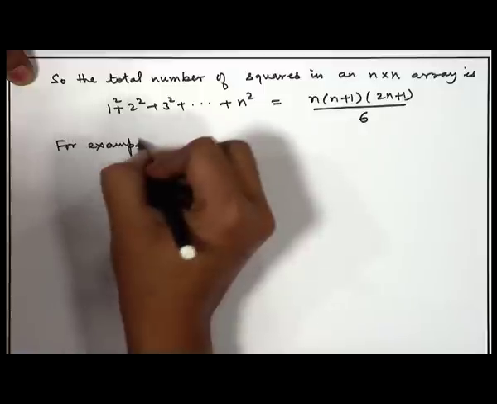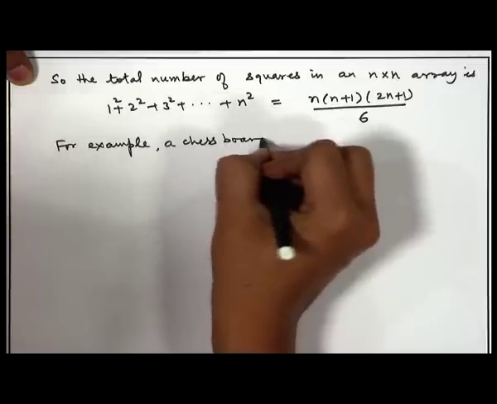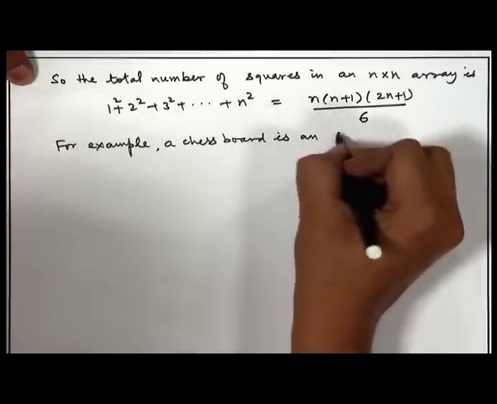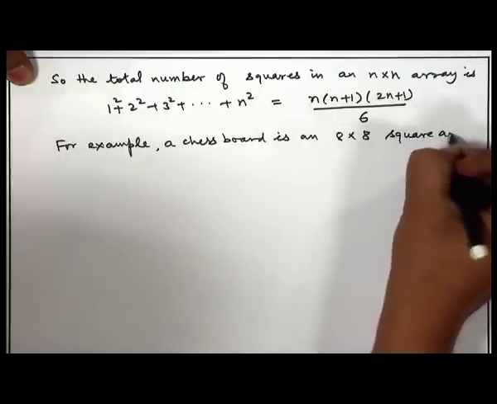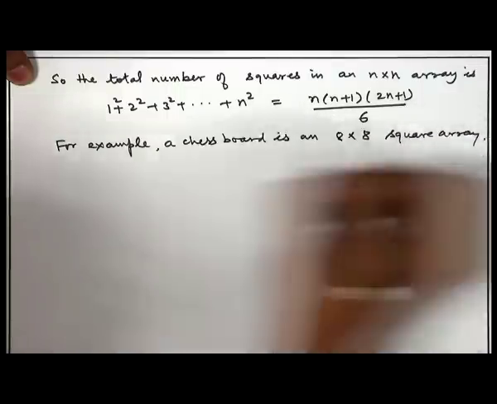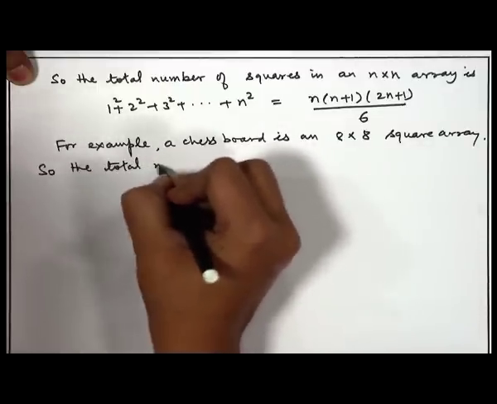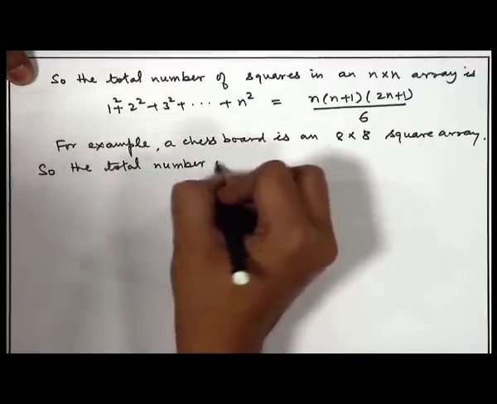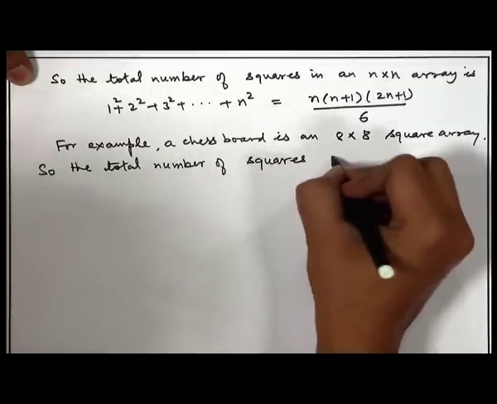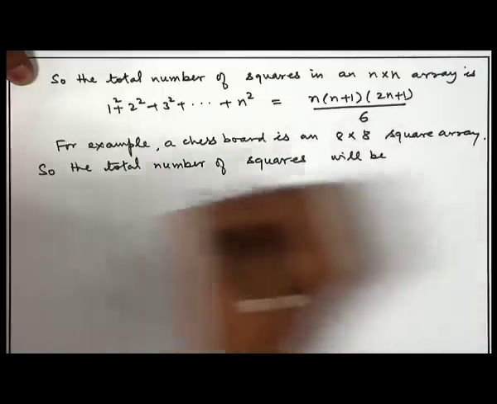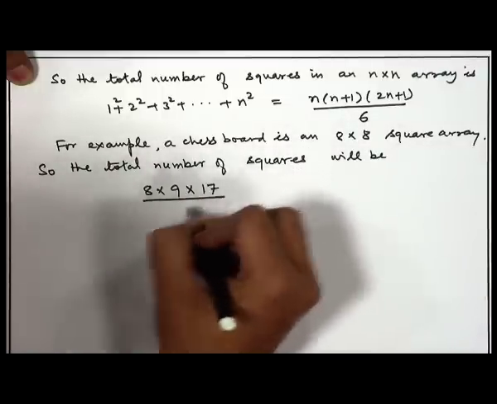So, as an example, we can consider in a chess board how many squares are there. For example, a chess board is an 8 by 8 square array. So, the total number of squares will be 8 into 9 into 17 by 6.